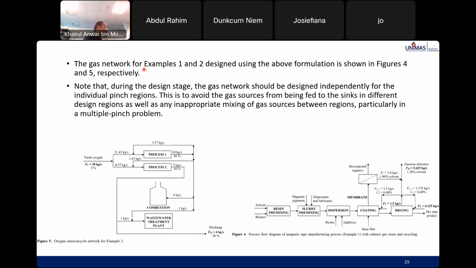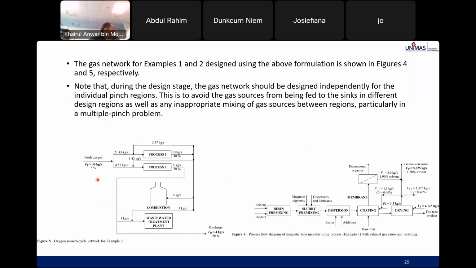The gas network for examples 1 and 2, designed using the above formulation, is shown in figures 4 and 5. This is a revised process flow diagram.